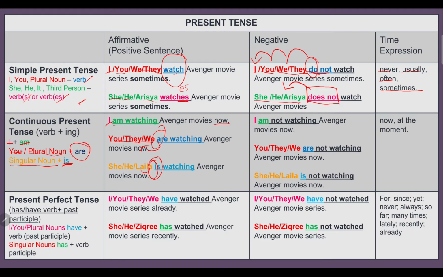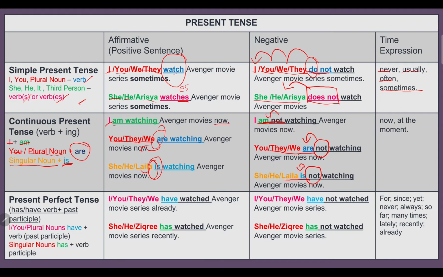Alright, so as for the negative, okay, for I, we will use am not. So it's the same goes to the plural and for singular as well. We just add on the word not, okay, at the back of the verb to be word, as you can see here.